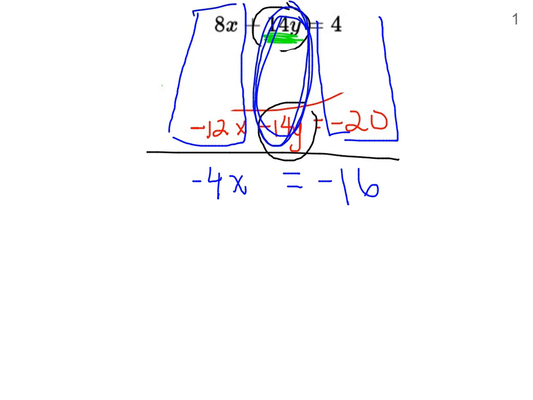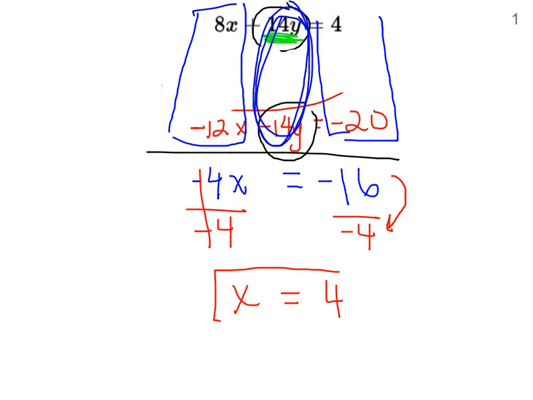Now what we have to do is divide on both sides by negative 4 so that we can cancel that out. Both the negative and the 4 cancel. We just have 1x, or x, equals negative 16 divided by negative 4, which is positive 4. Hey, we just figured out our x.